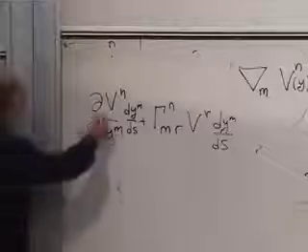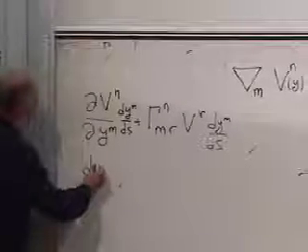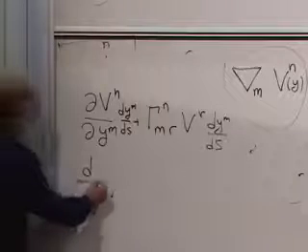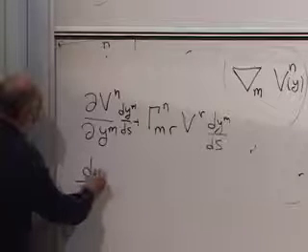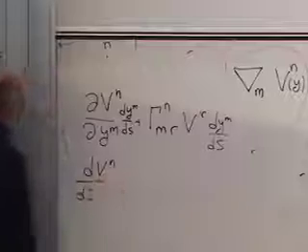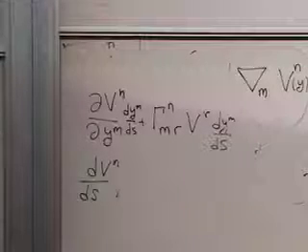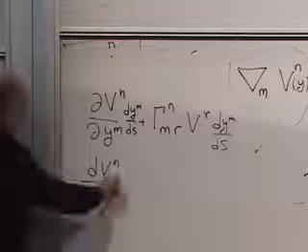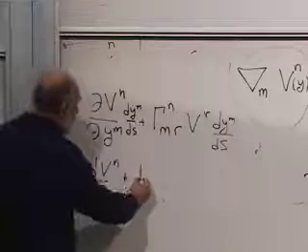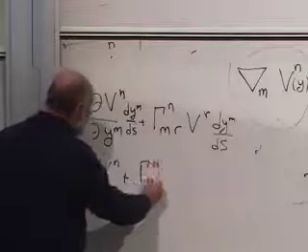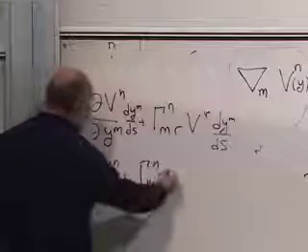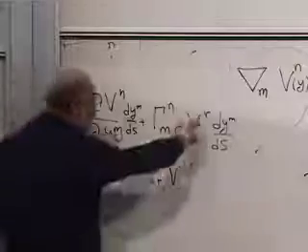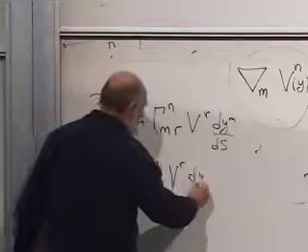This object over here is just the ordinary derivative with respect to s of V^n. So along the curve, we differentiate. It's the first term, but then there's another term, and the other term is gamma^n_mr, the vector that we're differentiating, times the tangent vector.